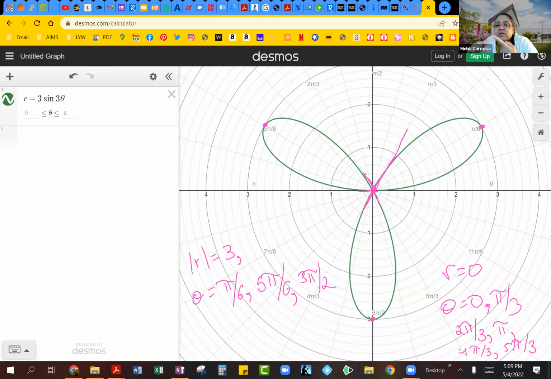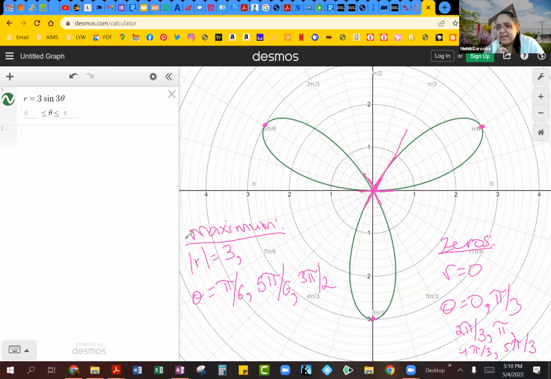So the number of petals will also tell you how many angles you should have for the maximum value. And with the zeros, it becomes twice that number because each petal is going to cross the origin twice, since you have the beginning of the petal and the ending of the petal. So since you have 3 petals, you will see we had 6 angles where you have the zeros and 3 angles where you had the maximum value.